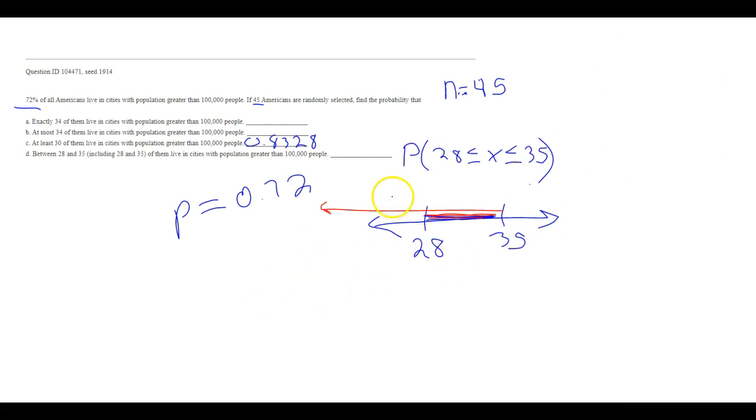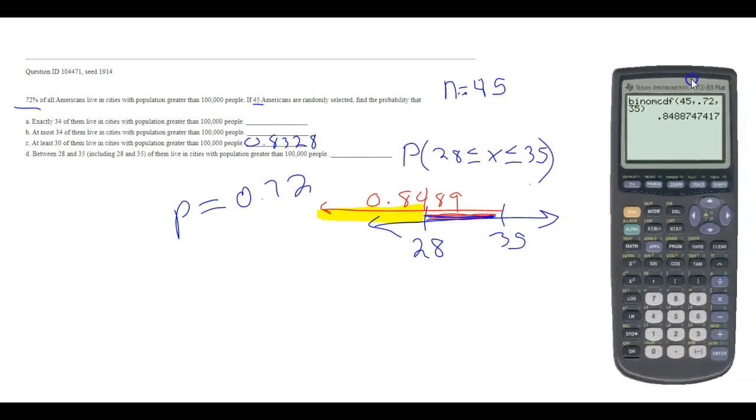So this whole probability is 0.8489. But I need to subtract out anything less than 28, subtract it from this 0.8489, and that'll leave us with what we're looking for, the area in here.